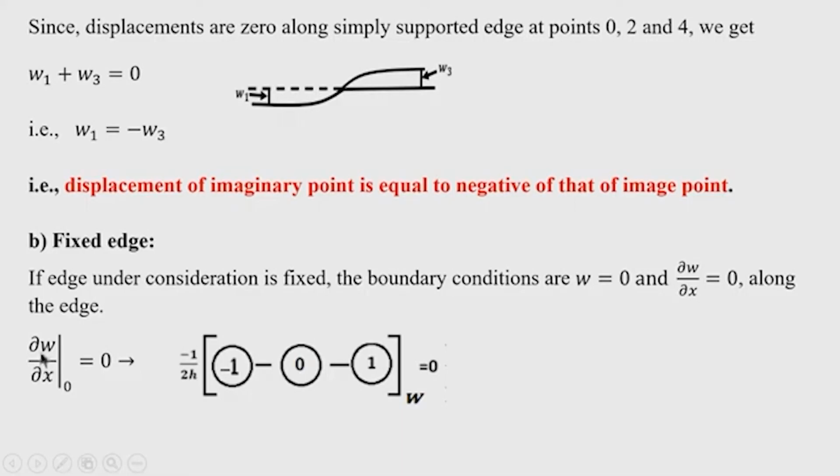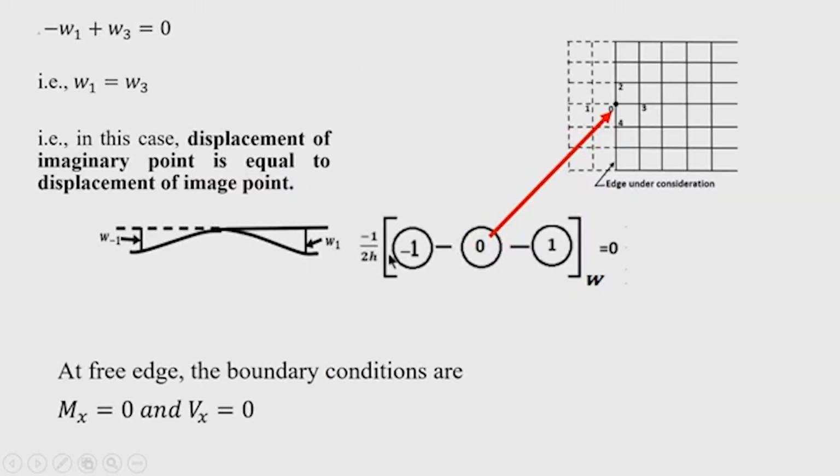Now, del W by del x equal to 0 can be expressed in stencil form as minus 1, 0, minus 1 and W, which we have already got earlier. So, now this stencil is put here.